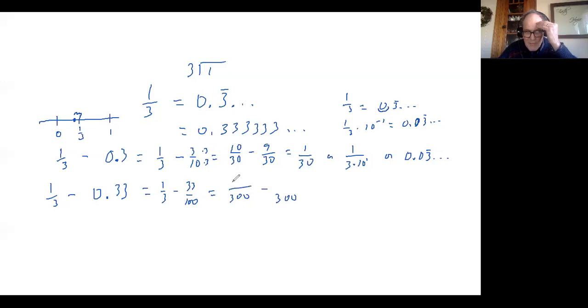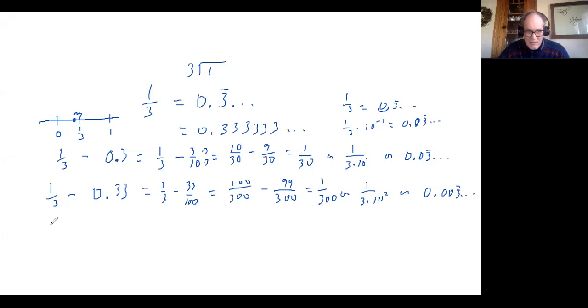And so we'll have 300ths, which is 1/3, minus, and then multiply 3 and 3 over 3, and we get 99. So we have 1/300th, or if we wish, 1/3 times 10 to the second, or if we wish, 0.003 with the 3 repeating.